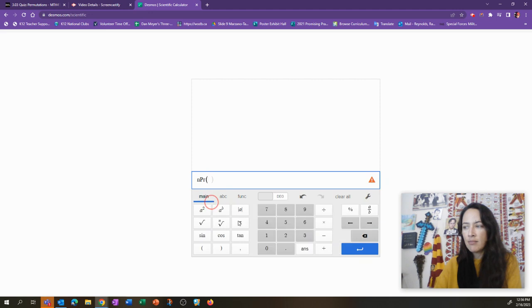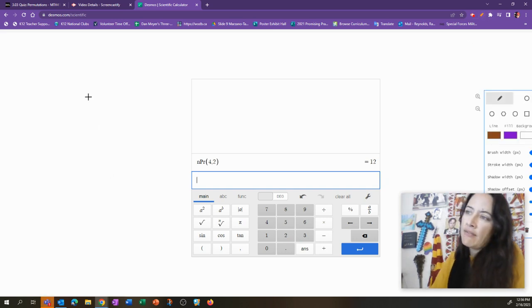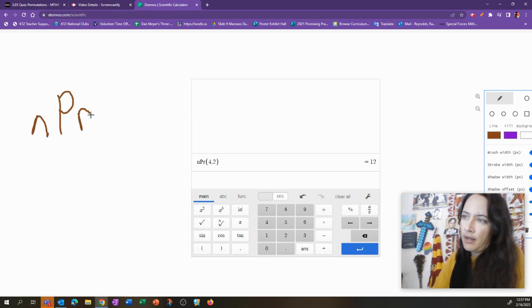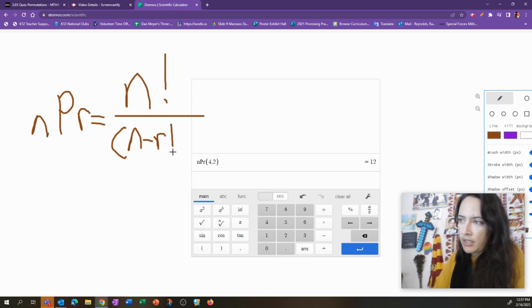We'll go back to main, 4, 2, enter, 12. But what's happening mathematically is we have this formula: nPr is equal to n factorial over (n minus r) factorial.